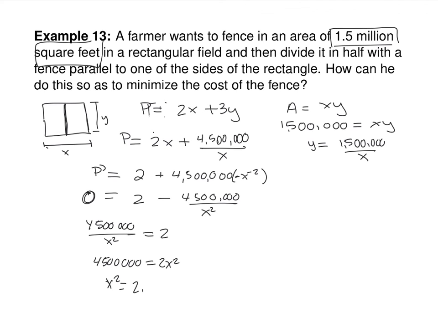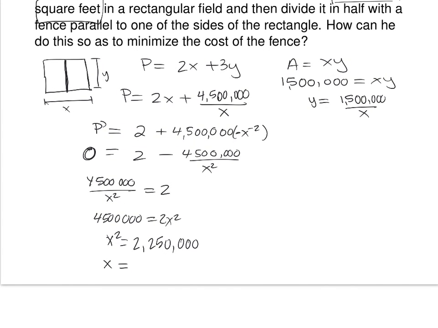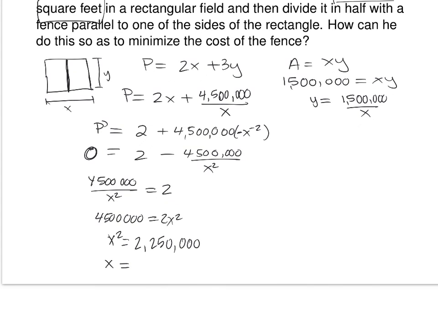I think it's 2,250,000. I think that must work out nicely. Do you guys know what the root of 225 is? I think it's 15. Does 150 make sense? It's 1,500. Yep.